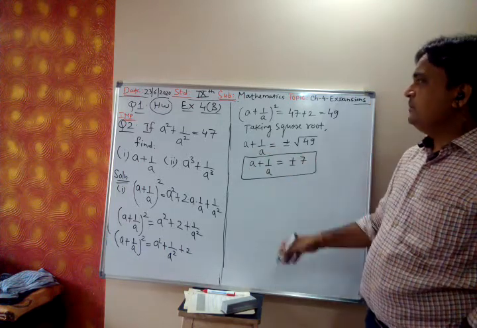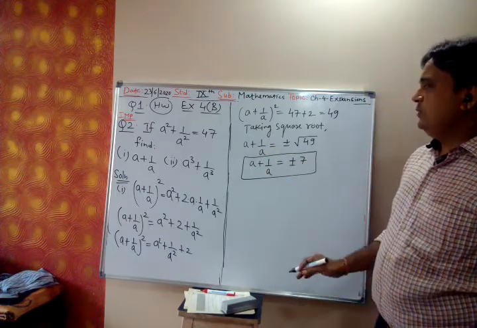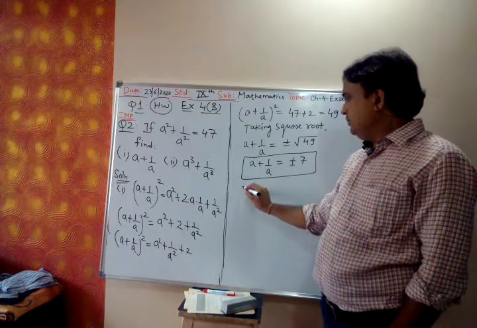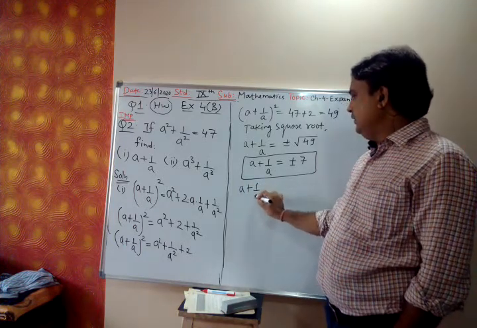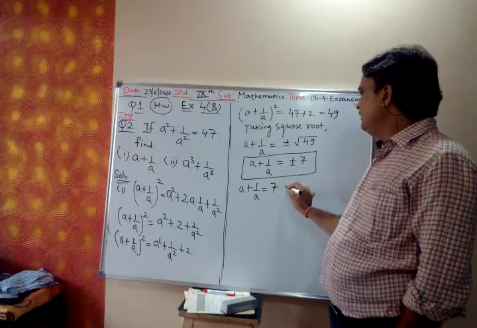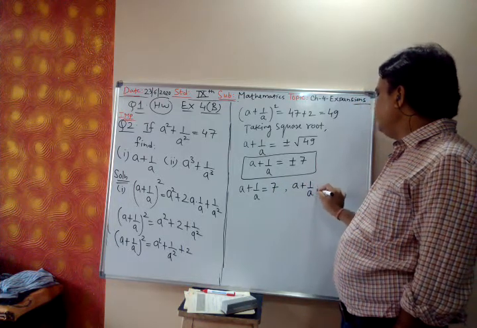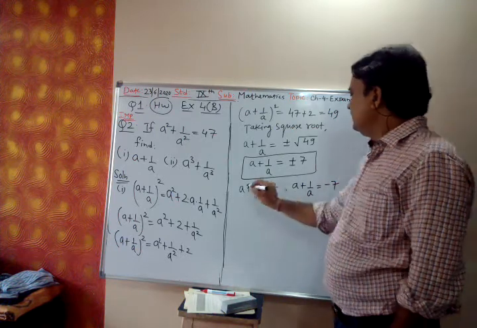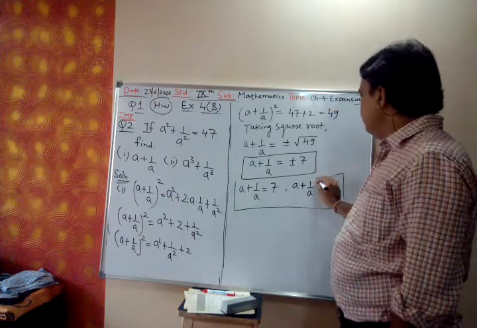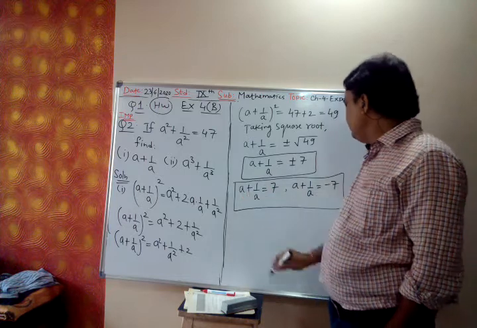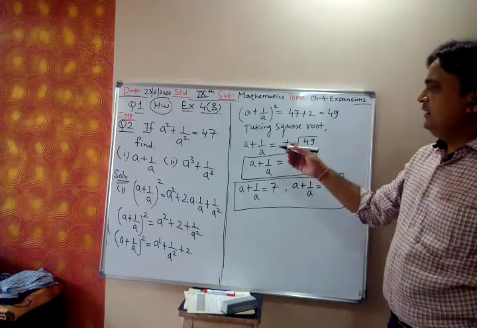Now let us find what is a cube plus 1 upon a cube. So a plus 1 upon a is either plus 7 or a plus 1 upon a is minus 7. There are two values for this.